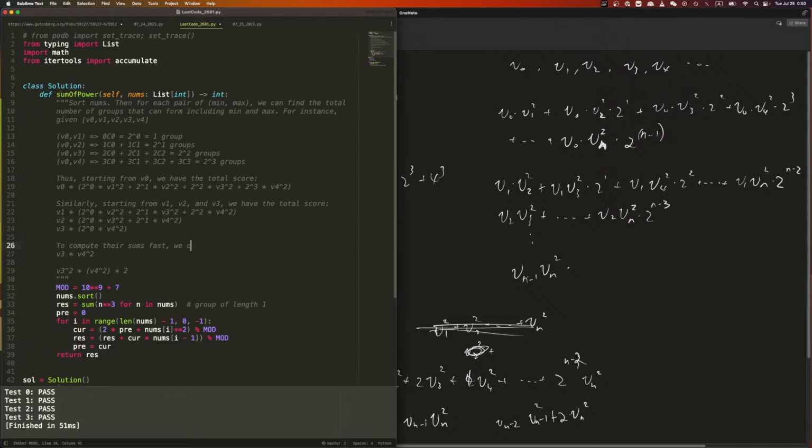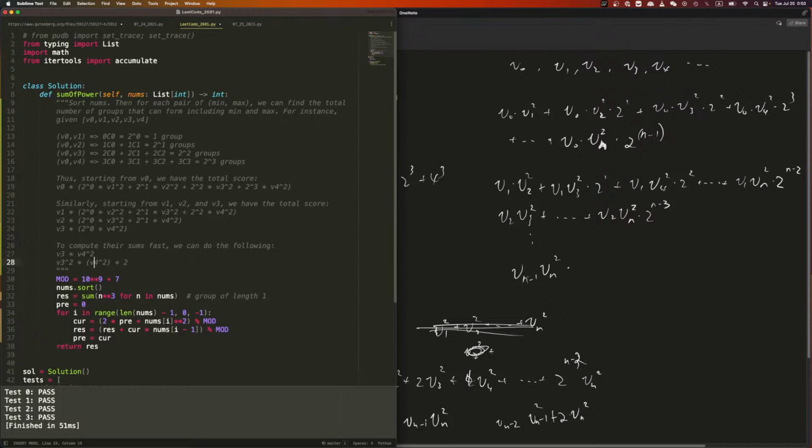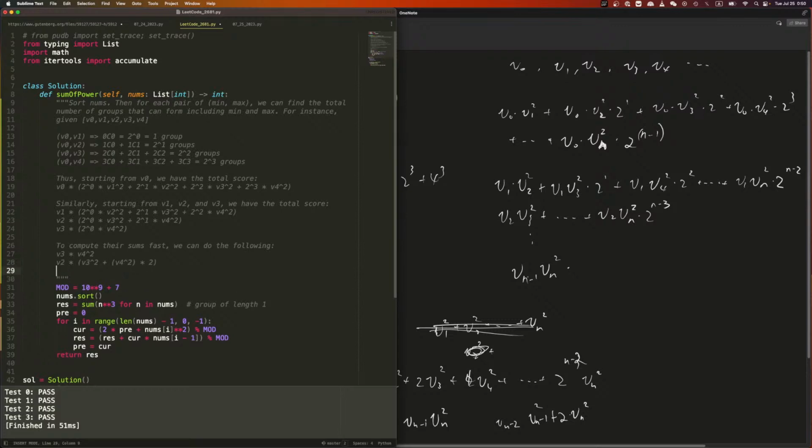We can do the following. Plus, and then V2 times, right? And then V1 times v2 squared plus this times 2.